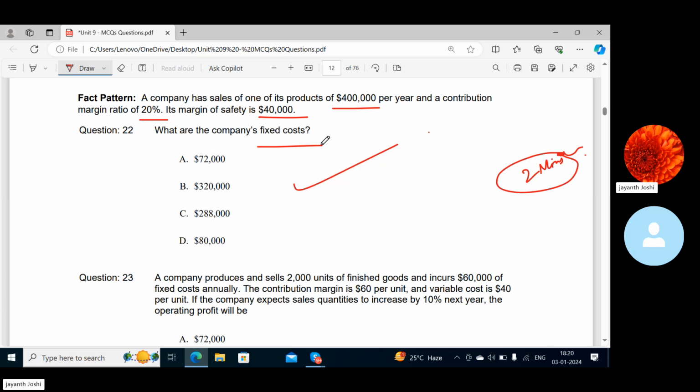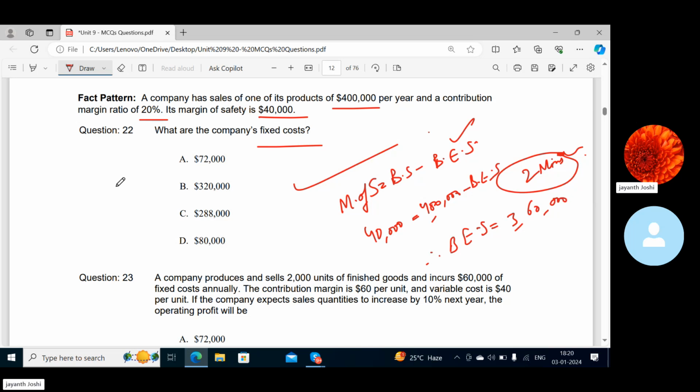Margin of safety is budgeted sales minus break even sales. First, we will find out the break even sales. With that, we can find out the fixed cost. Margin of safety is 40,000. Budgeted sales is 4 lakh, 400,000. Break even sales is 360, right? Yes.